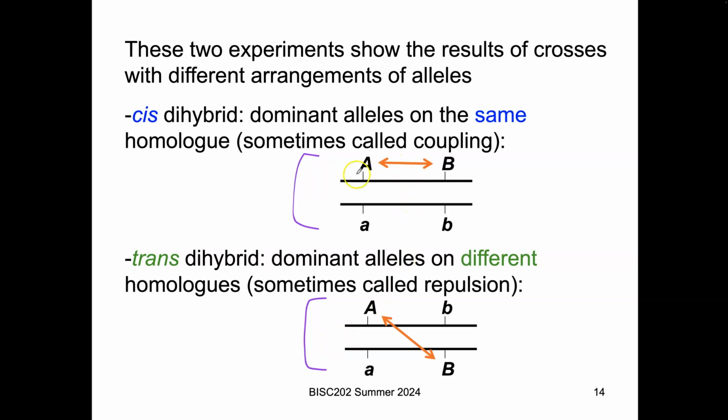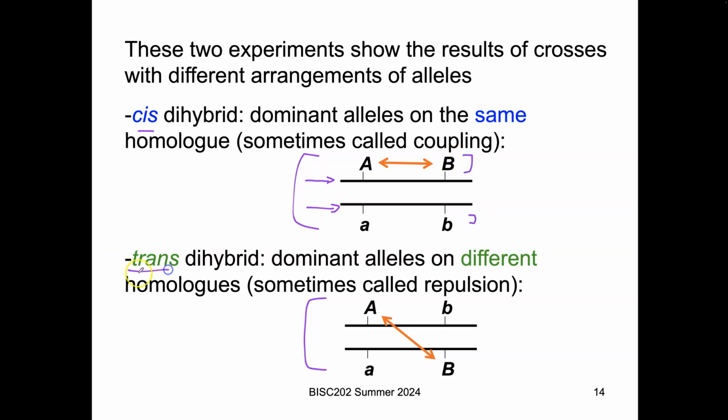In one case, the dihybrid has from one of the parents a homologue that has the two dominant alleles on it, and the other homologue has the two recessive alleles on it. And this is called cis. Cis means beside, actually. I recently read or heard that it's Greek and should be pronounced kiss, but everyone says cis, and I don't think we're ever going to change the pronunciation of that. It would also be a confusing term if that was the case. But in any case, we call this a cis dihybrid, two dominant alleles together and two recessives.